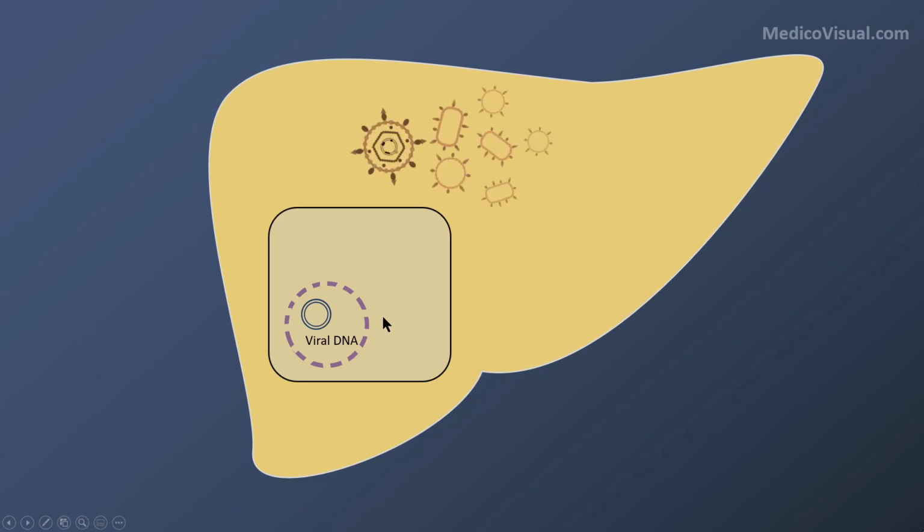It will generate lots of not only virus particles but also non-infectious subviral particles, which only consist of this envelope. And of course, it will also create e-antigen, which has not been shown in this diagram.